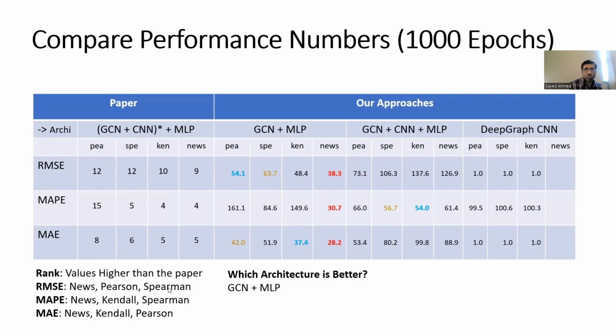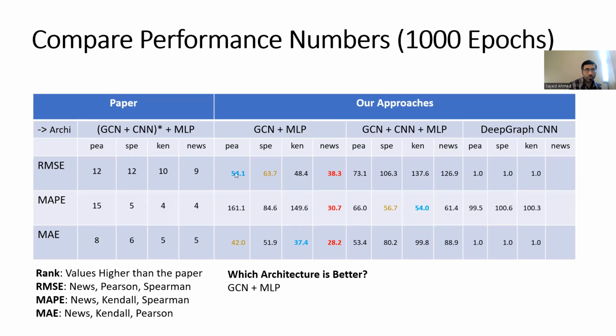And then the Spearman 63.7. No, I think there is a mistake here. It will be Candle, right? 48. It will be Candle 48. So news, Pycharm, and then news, Candle, and then Pycharm.